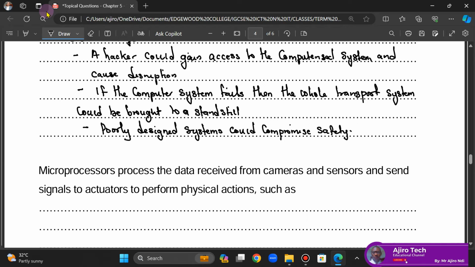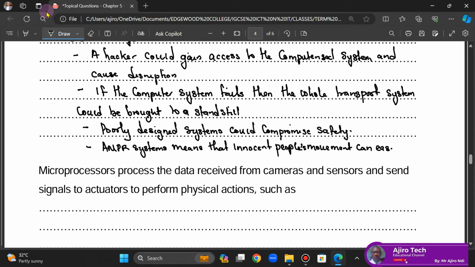And if we're to add one more point, the automatic number plate recognition system means that, because these things are stored in a database, innocent people's movement can easily be tracked. So let's take note of that.